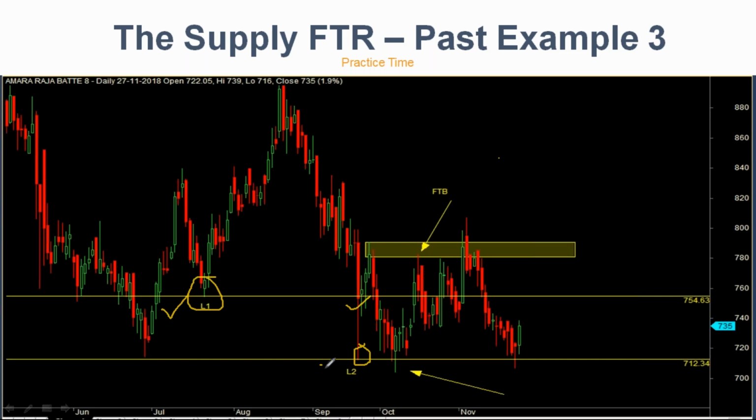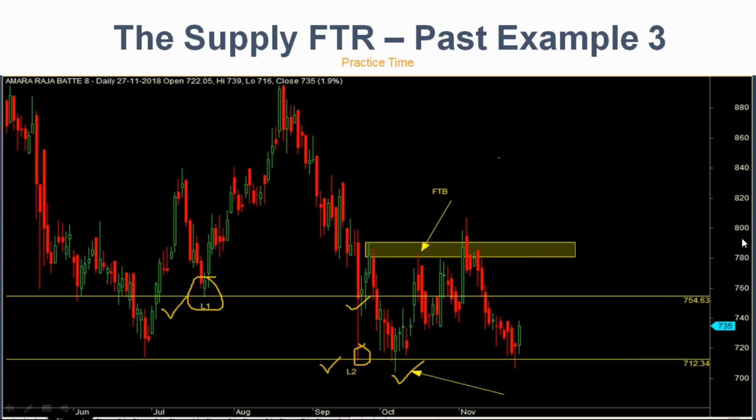Tell me why. I'll not accept this trade. Why? L2 break is not proper.